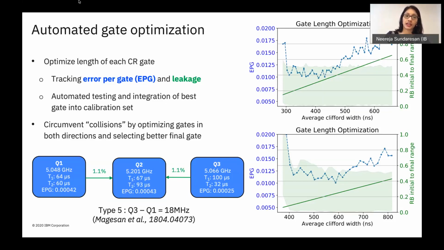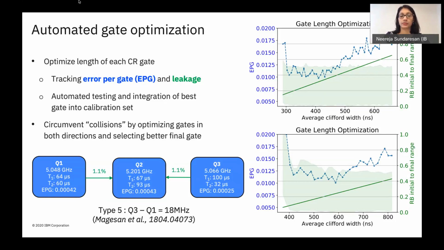In addition to the gate length, we also test driving the gate in both directions, as in some circumstances, driving the gate in the reverse direction, where the target qubit is higher in frequency than the control, is actually preferable. This is an example of 3 qubits from one of our actual hardware backends, where you can see that the spectator plays an important role in determining the gate direction of the other pair.